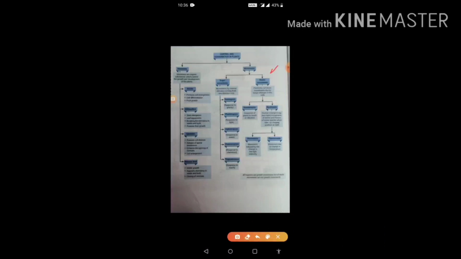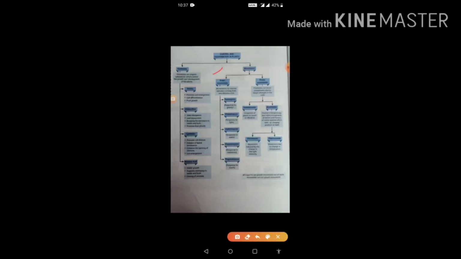This turgidity response can be divided into two types: seismonastic, when it is touch, or nyctinastic, because of changes in the temperature and the light. If it is because of the temperature, it's called thermonastic. If it's because of the light, it's called photonastic. Next we will study tropic movement, where the stimulus comes from one direction only.